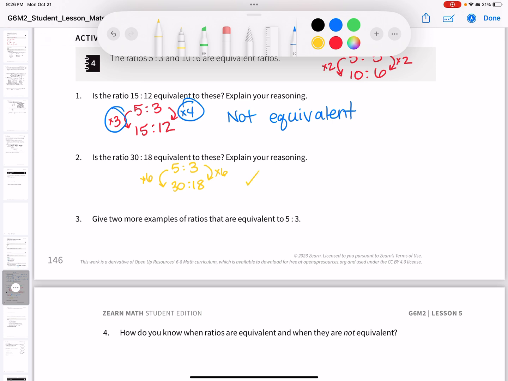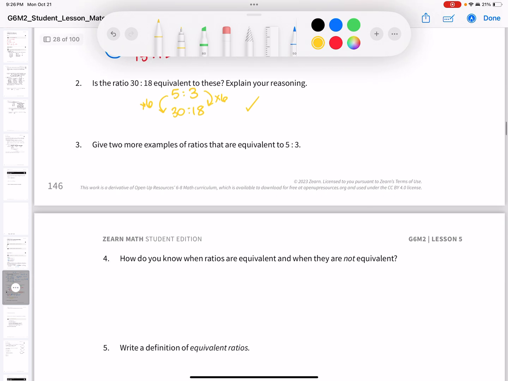Give 2 more examples of ratios that are equivalent to 5 to 3. Let's just pick a number. I'm going to pick 10. So I'm going to multiply 5 times 10, and that gets me 50. And I'm going to multiply 3 times 10, and that gets me 30. 5 to 3 and 50 to 30 are equivalent ratios.